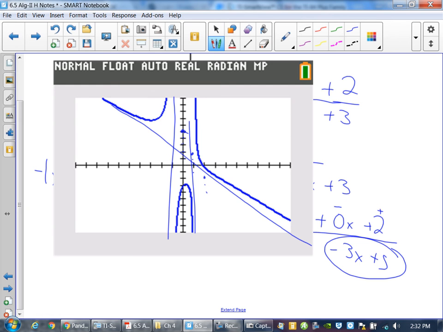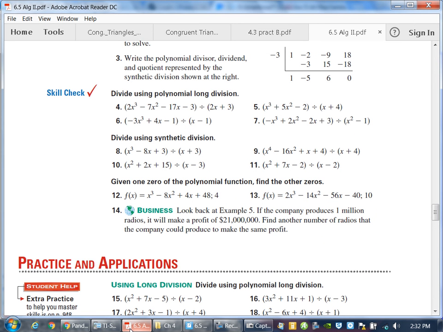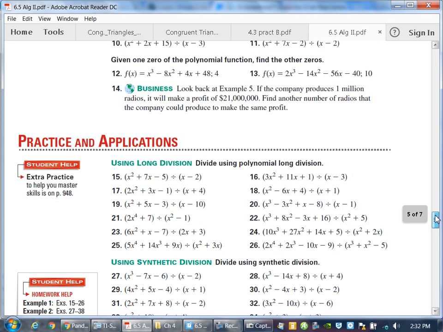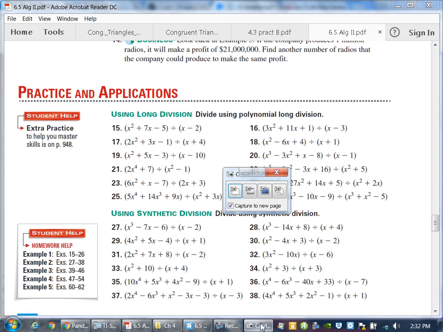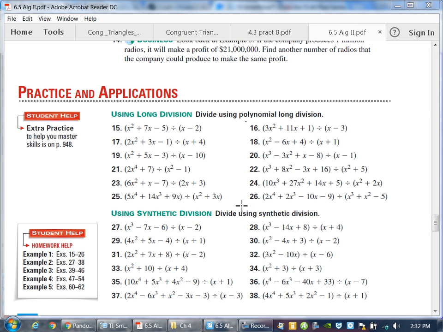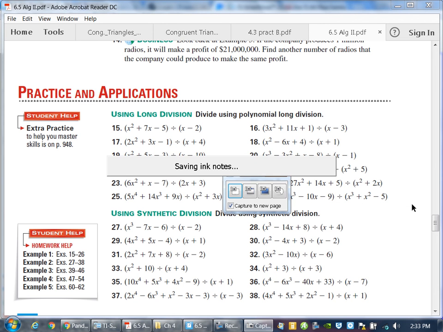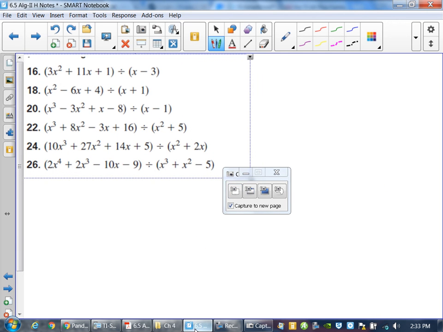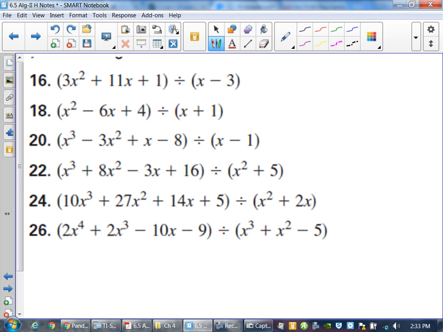What I want you guys to do are these, and I wanted to stop so you had time to write them down or take a picture if the internet's still out. I posted it on the calendar, but I don't think it's going to work, so I'm going to figure this out.